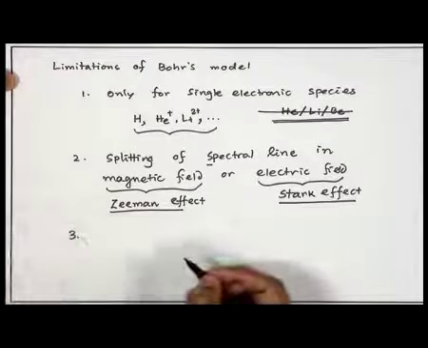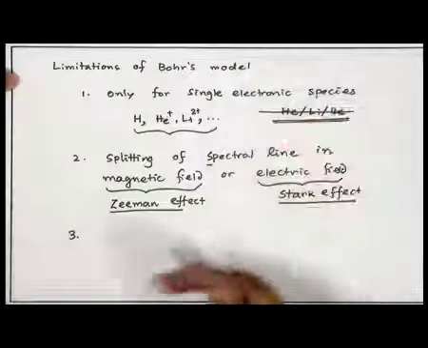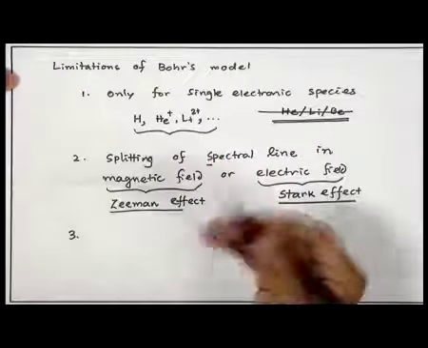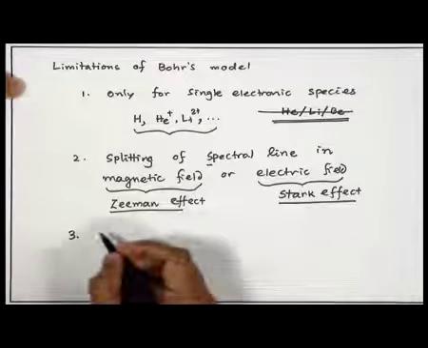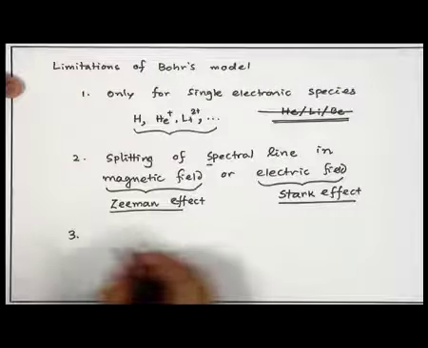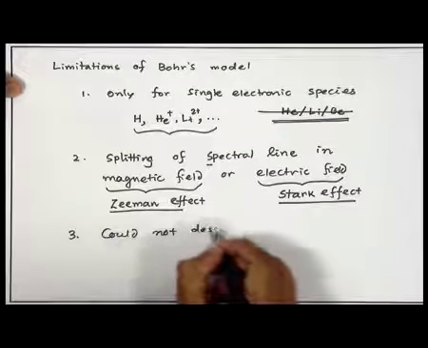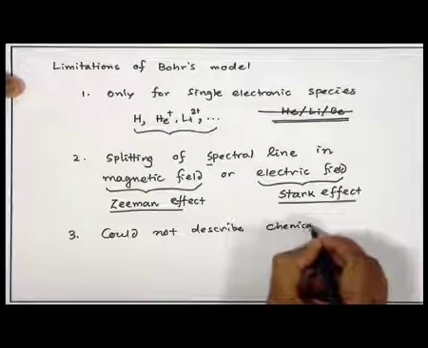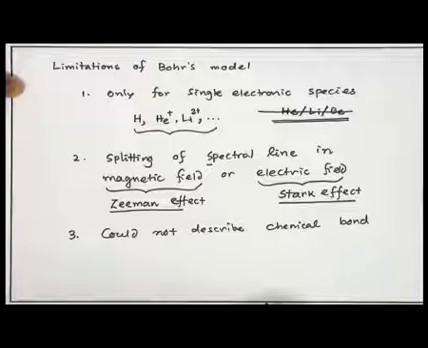The third limitation of Bohr's atomic model is that we wanted an atomic model which will not only describe the structure of an atom, but will also help us describe the bonding in molecules. But Niels Bohr's atomic model could not describe the chemical bond, and that was another major limitation of Bohr's atomic model.